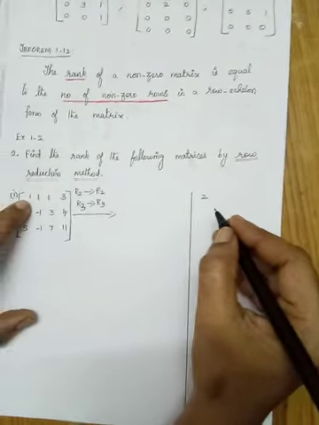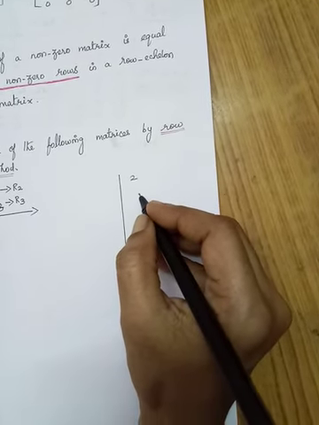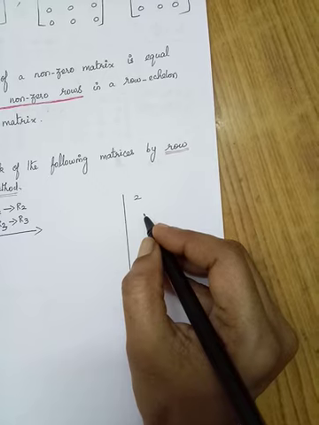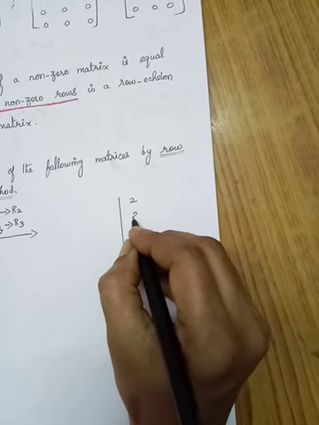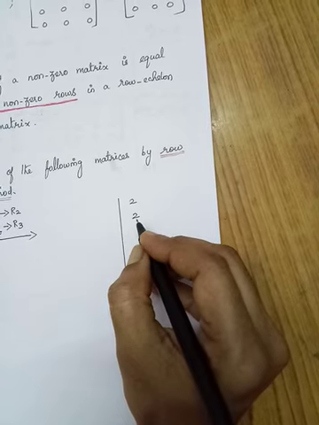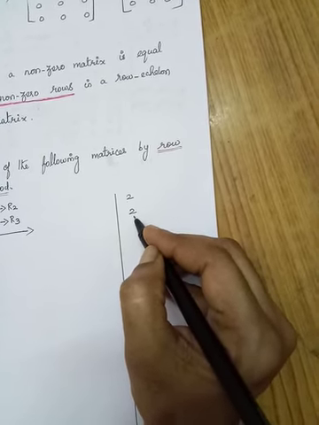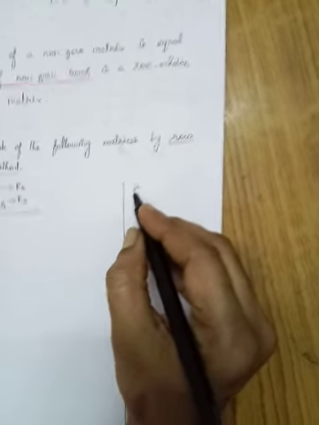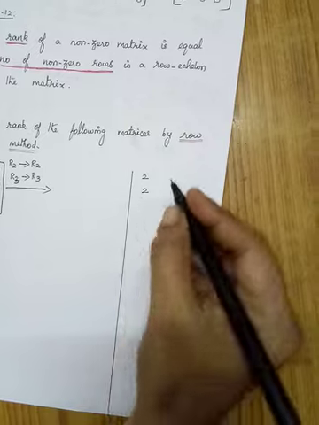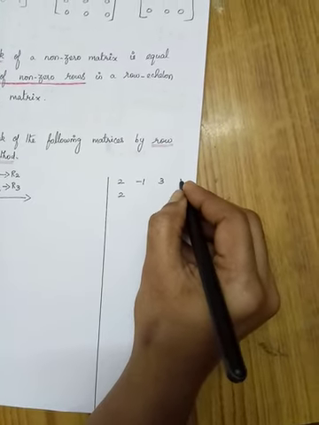R1's first entry is 1. So to make this a 0, here you are having 1, so the 1 has to be multiplied by 2. You will get 2 in here. When you subtract these 2 elements, the R2 entry will become 0. R2 elements I am going to write now: 2, minus 1, 3, 4.